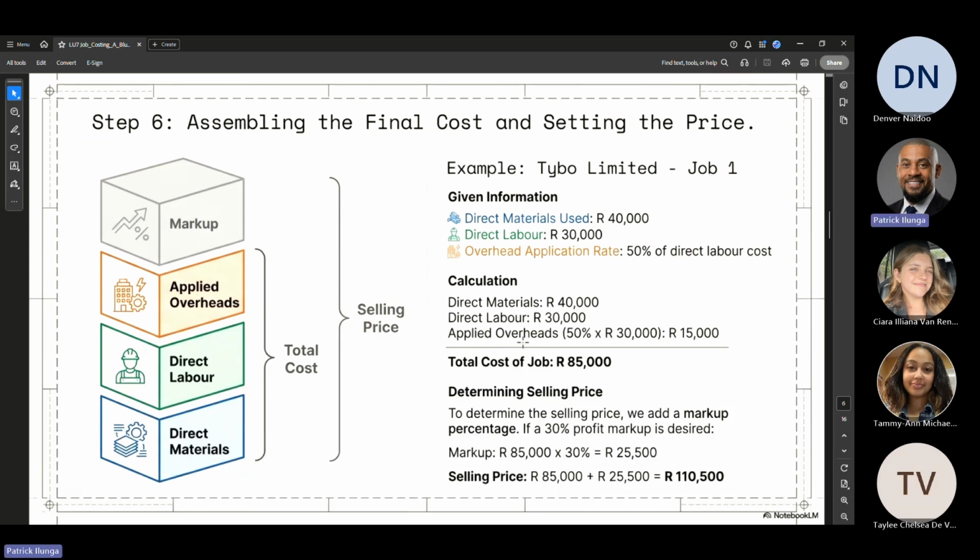So as you can see here, applied overhead, 50% of 30,000 equals 15,000. And the rest for all jobs is just adding up these three musketeers. That's all. Can't be that difficult, right? 40 plus 30 plus 15, 85.